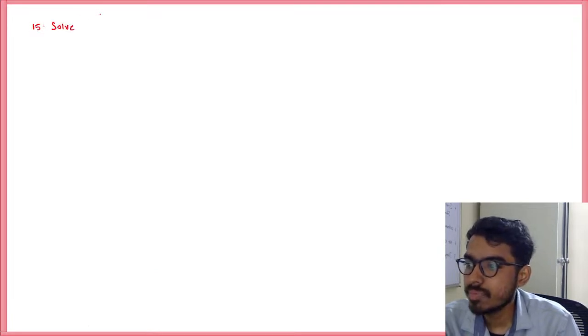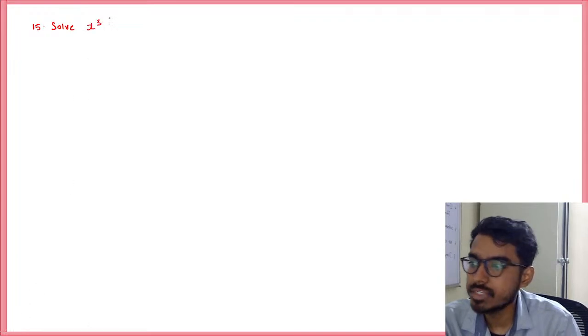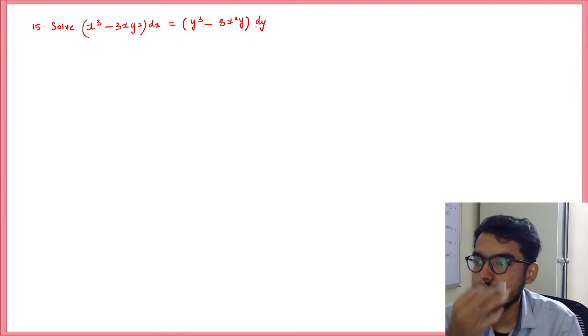To solve, execute minus 3x square dx is equal to y cube minus 3x square y dy, right?